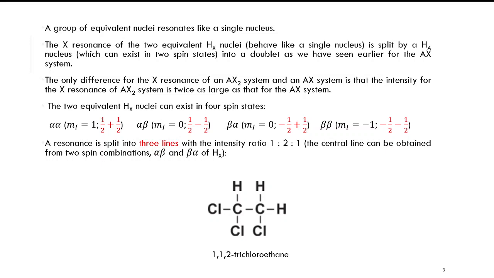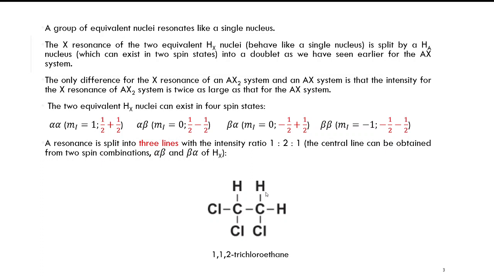So you're going to have this 1:2:1 splitting. For example, we have here an example of the AX2 system, the 1,1,2-trichloroethane. So here the proton here and the protons here are clearly in two different environments, and this has two protons.